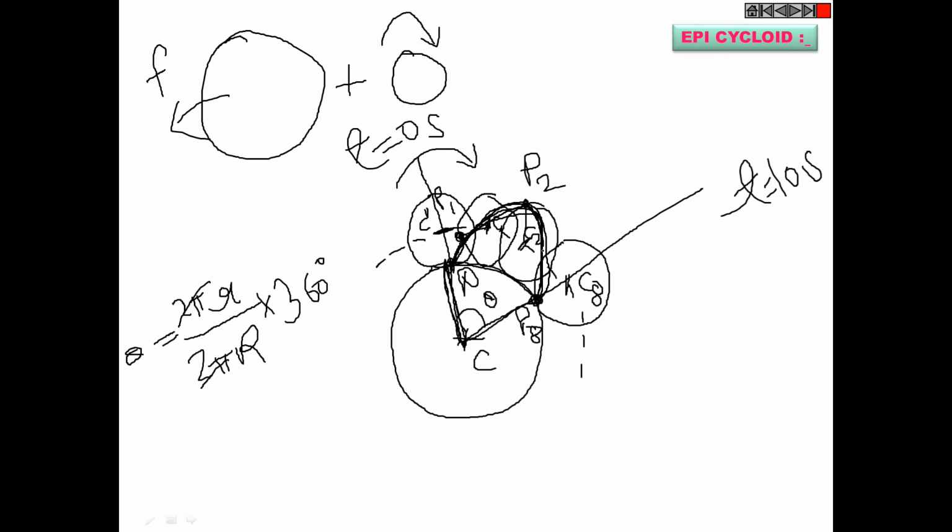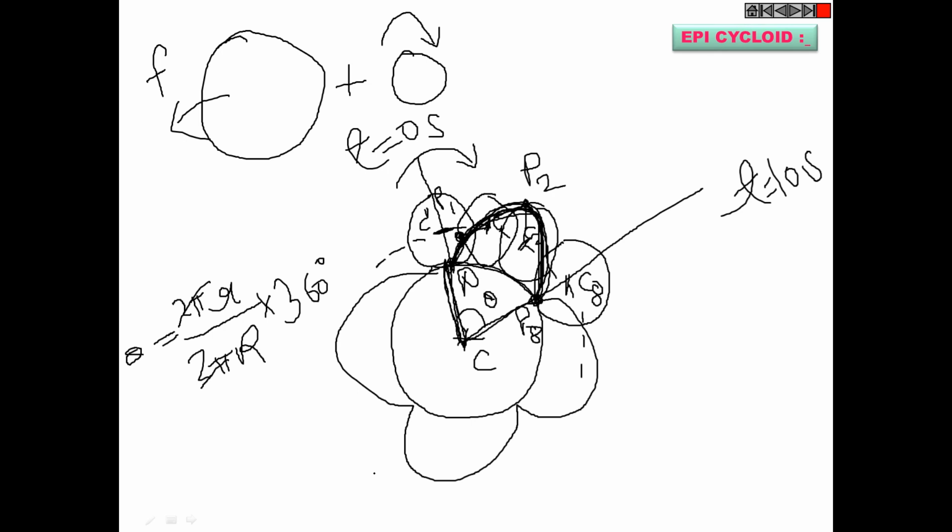This curve is known as the epicycloid for one complete rotation of the circle. For the next 360-degree rotation of the circle, you will get the second epicycloidal teeth profile. For the third 360-degree rotation, you will get the next epicycloidal teeth profile, and likewise. So this is the way you can get the epicycloidal profile.